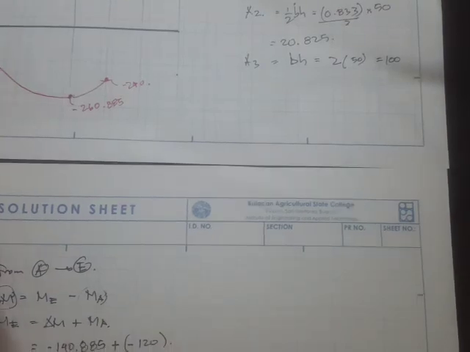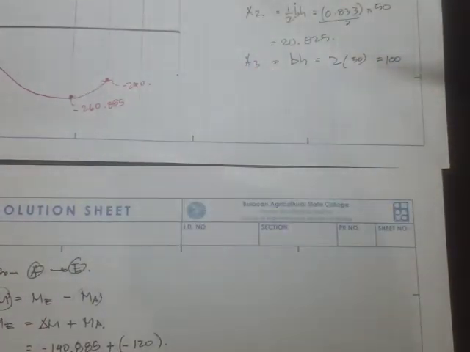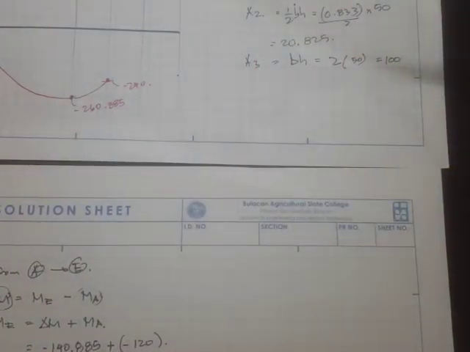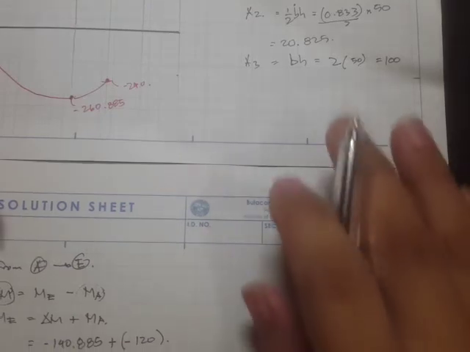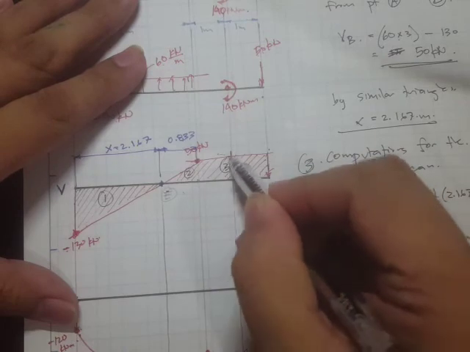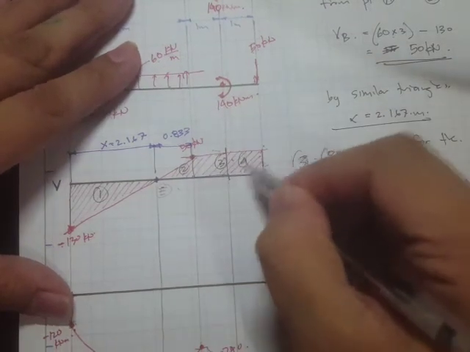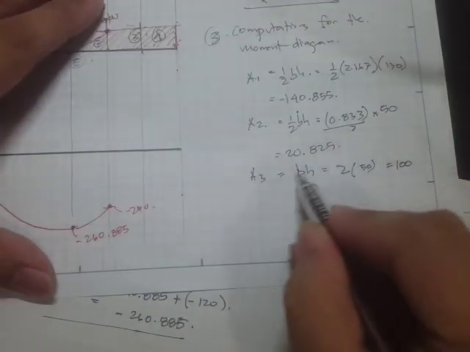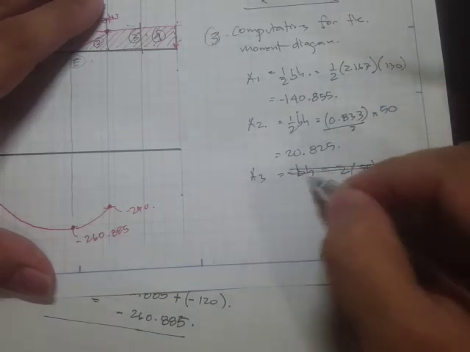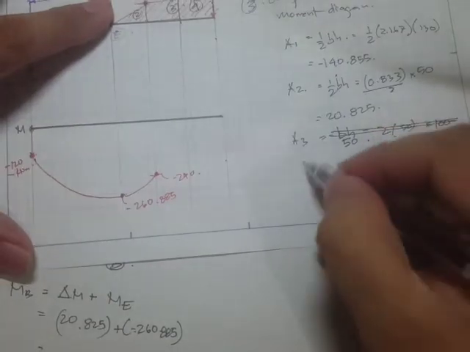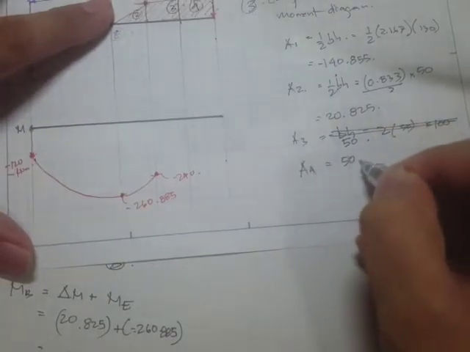Okay, so here it is. By the way, I think we should have separated this distance. So we have area 3 only at this portion, and we should have area 4. Area 3 will simply be 50, because 1 meter times 50, and area 4 is simply 50.